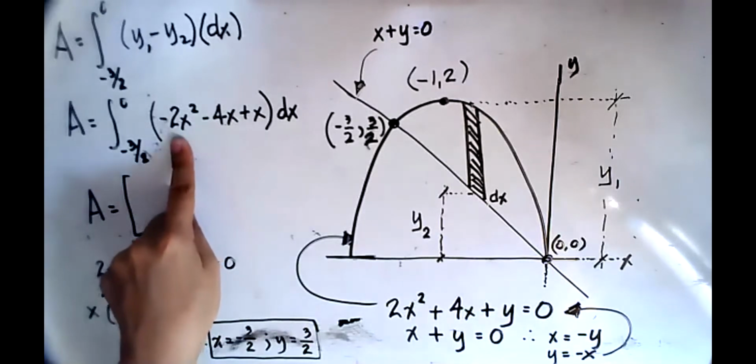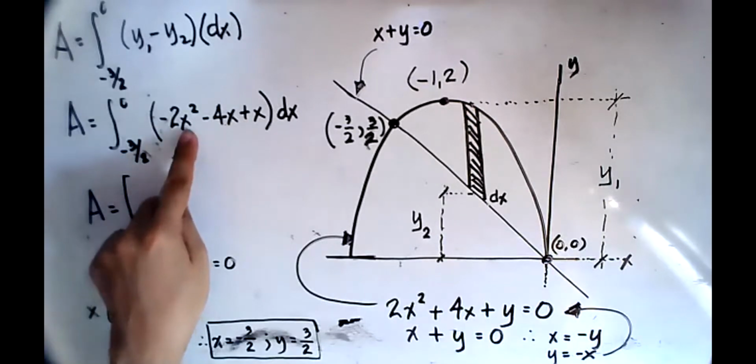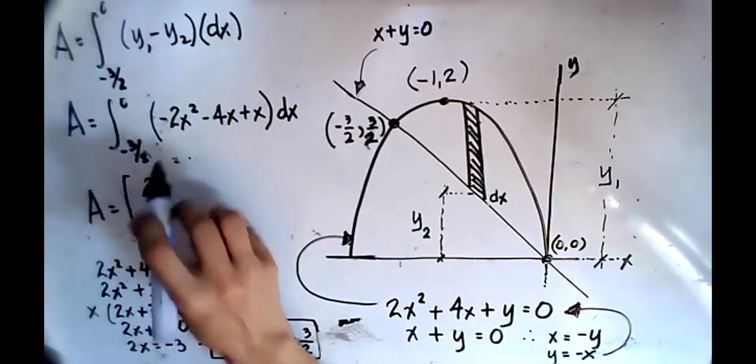How do you integrate 2x squared? What's the integral of 2x squared? How do we integrate again? The exponent, what do we do with the exponent? We make it a coefficient. That's d/dx, that's differential. When integrating, what we do is remain the numerical coefficient.